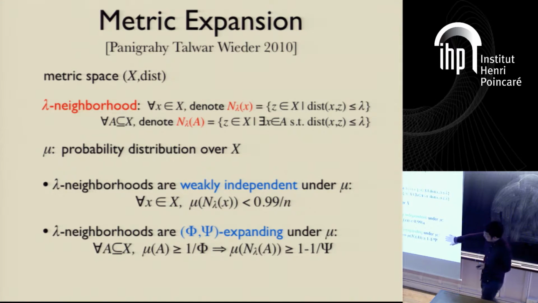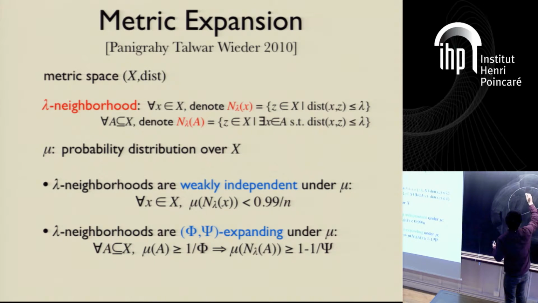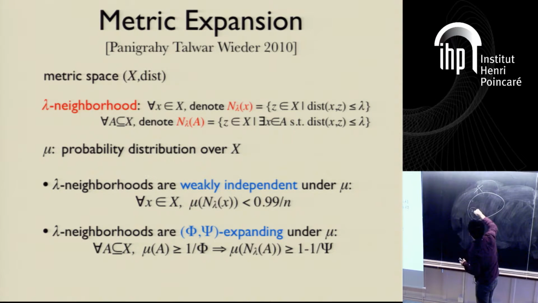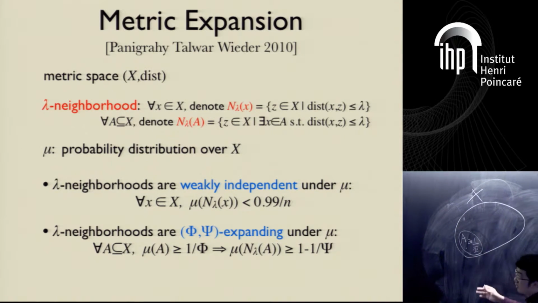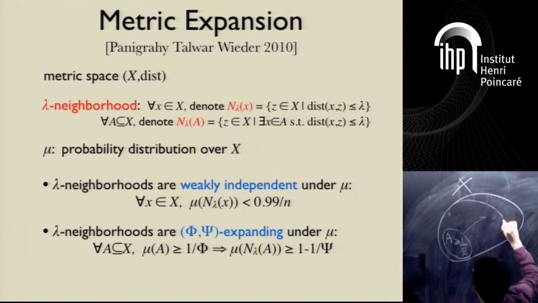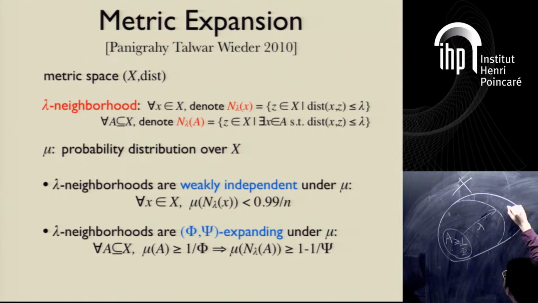And next is a key concept. We say the lambda neighborhoods are expanding, phi-to-c expanding, if we have this, so this is our metric space, if for any set A of volume bigger than 1 over phi, within distance lambda, it grows into the entire space, except for a volume of 1 over c.